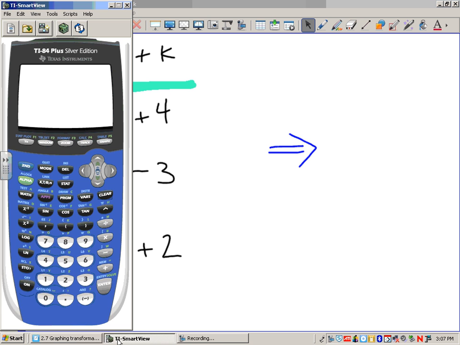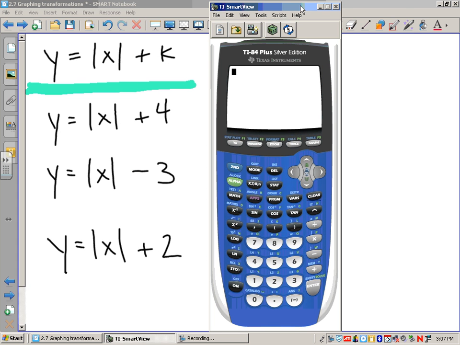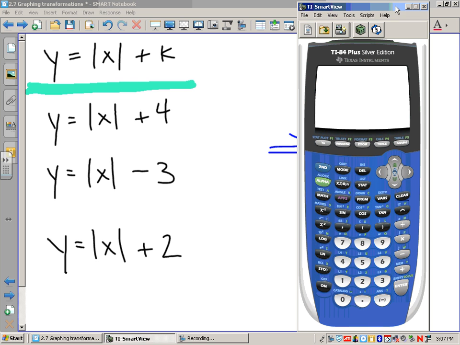Now, how we're going to do this is I'm going to put these in a graphing calculator. If I put in the absolute value of x and graph it, it comes up as this V shape.